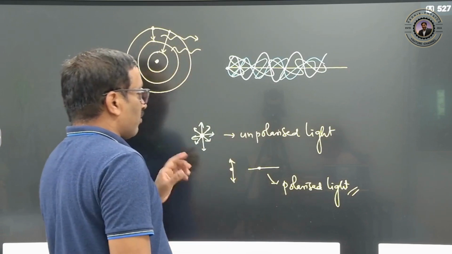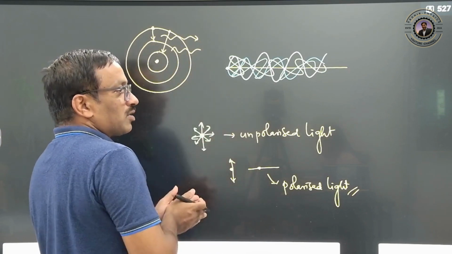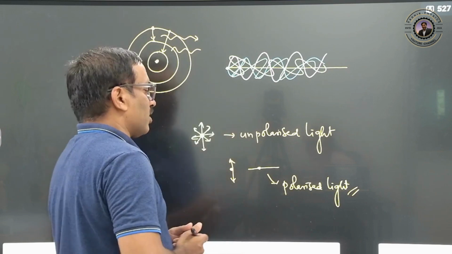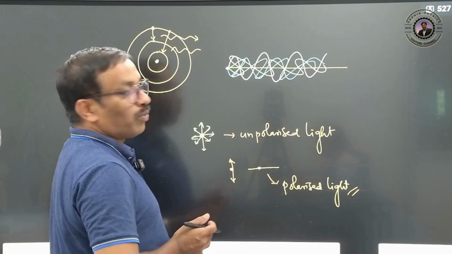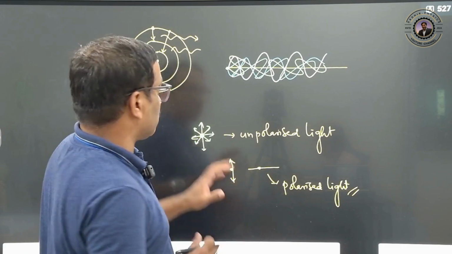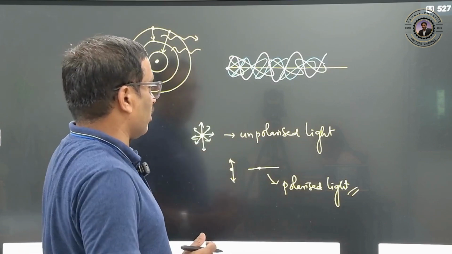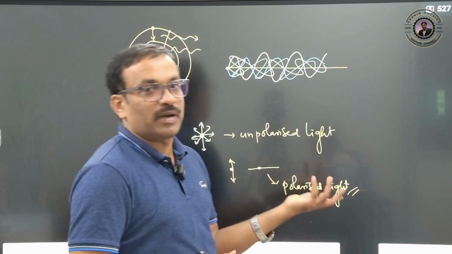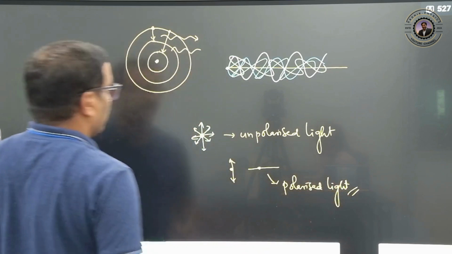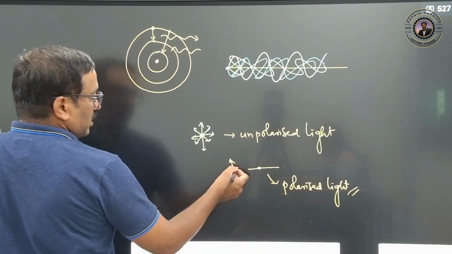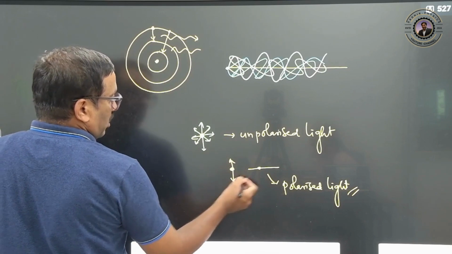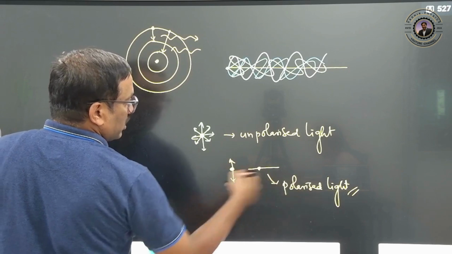But what we are doing now is blocking all of these and allowing only one particular direction. That is said to be polarized light. If you still do not understand, we are going to discuss one experiment, and with that experiment you will understand very clearly. Clear? This is the notation we are going to use: this is polarized light.